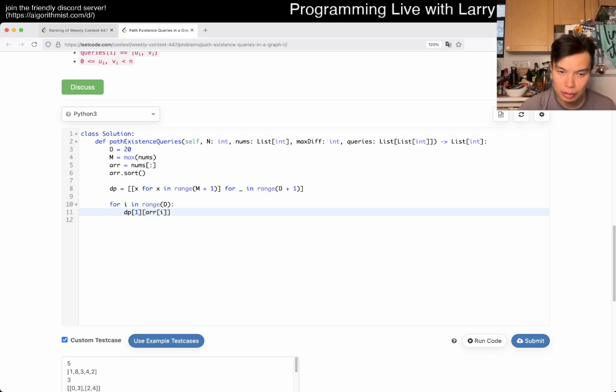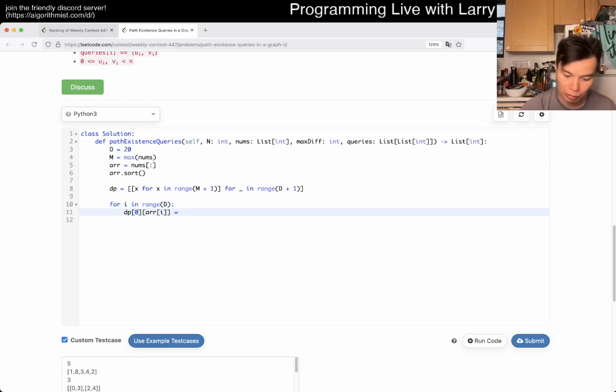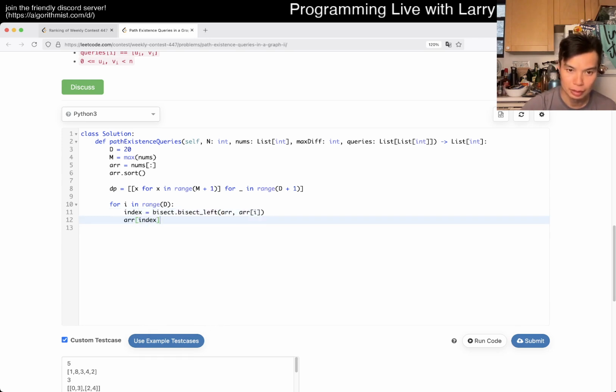It is equal to, okay, so this is the base case. You can probably define the base case with 0. This is the base case. We want to array bisect left array sub i, right? That gives us the index. And then array sub index, dp sub i 0 sub i plus array sub i.